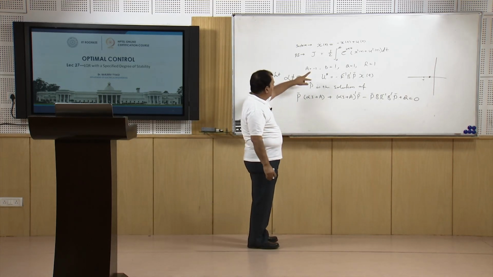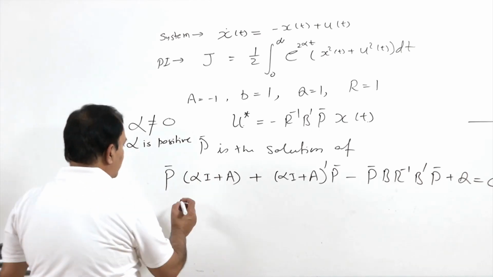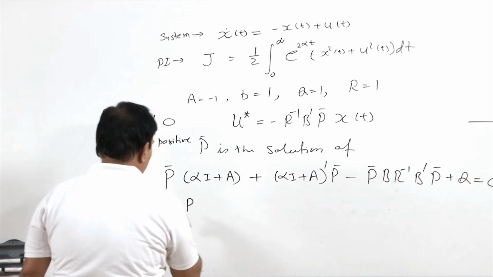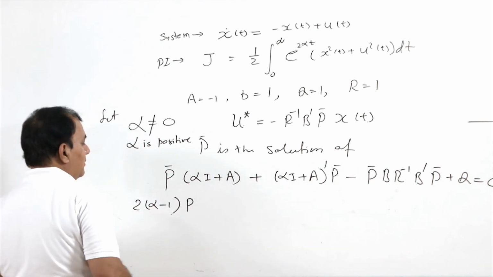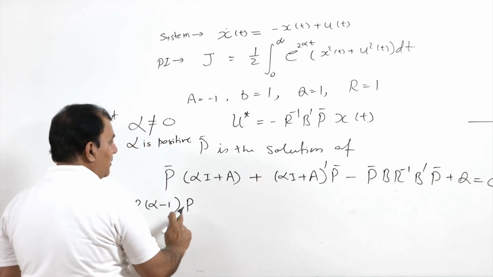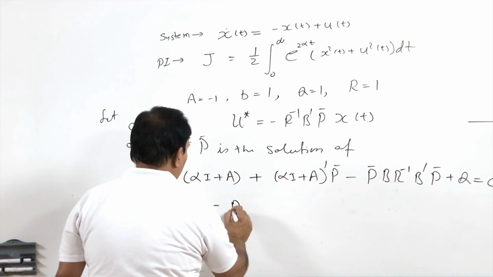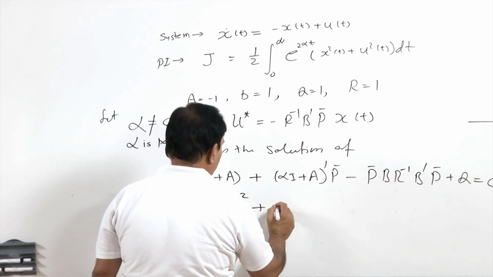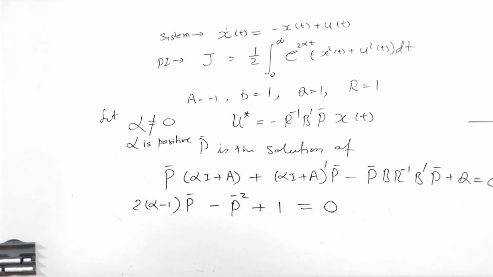So, I is 1, A is minus 1. So, if I will write this is nothing but 2 alpha minus 1 P, these 2 will give me alpha minus 1 P bar minus P bar square plus Q is 1 equal to 0.